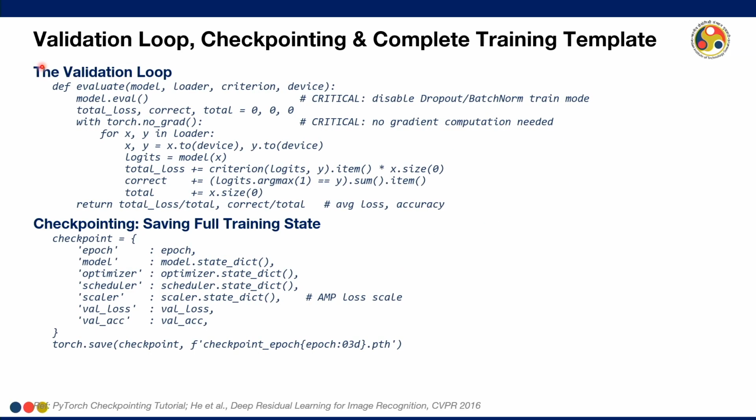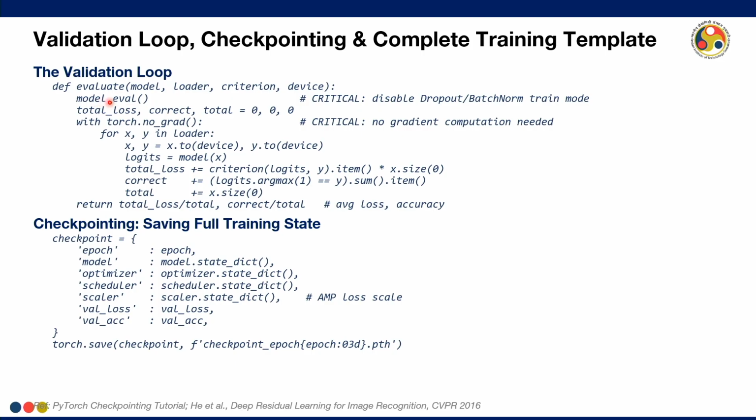After the training, we need to validate the process of the training loop. So here we are defining the evaluation function, def evaluate, which takes the model, the loader, the criterion which is the loss function that we have defined, and the device, obviously, where we want to evaluate. model.train enables dropout and batch normalization in the training mode, but if we want to evaluate, then we do not need to activate them.